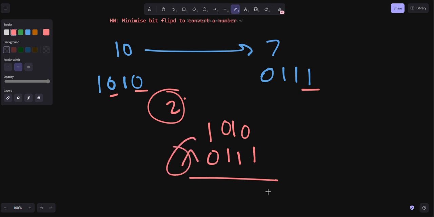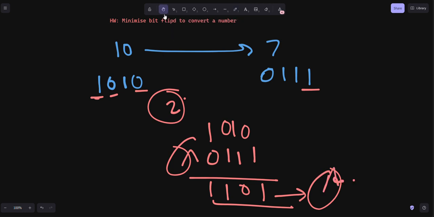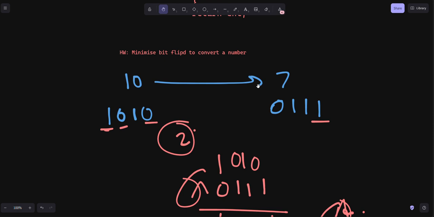If you do the XOR operation, it will give you the bits which are different, and hence the number of set bits here will be the answer to this question. So this is how you'll do this question, and please code the solution yourself and let me know.